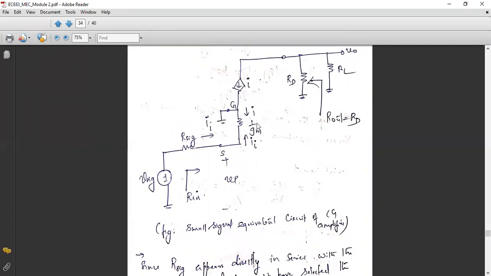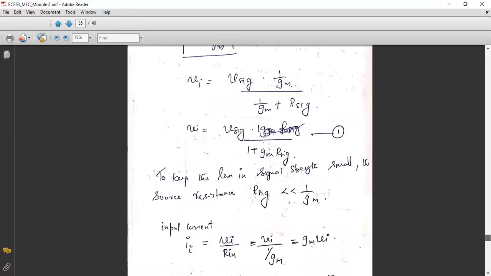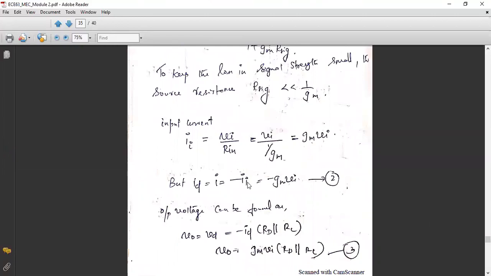So whatever I is flowing is equal to Ii, but with the opposite direction. So you can write I is equal to minus Ii. And what is Ii? Ii is gm into Vi. So I is equal to minus gm into Vi. This I is nothing but your Id.